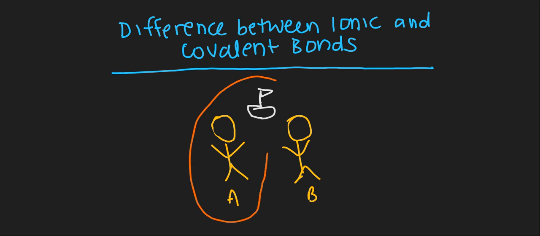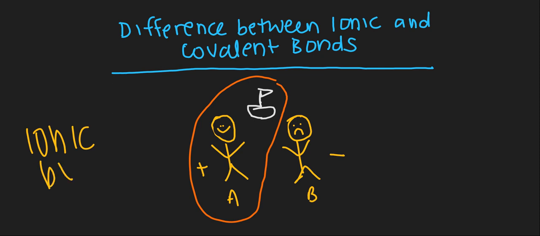But we all know how siblings really are. One takes the toy all for itself. And then obviously it's going to be happy because it gets the toy all the time. But the other one is going to be sad. So one's going to be in a positive mood and one's going to be in a negative mood. And that's what we call ionic bonding, when one of the atoms or nuclei, or in this case a sibling, takes the electron for itself.